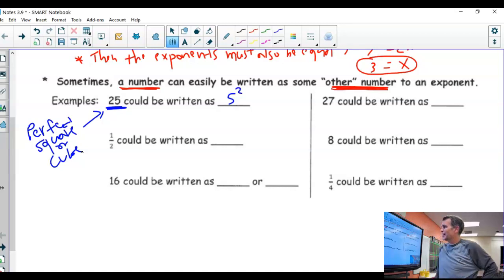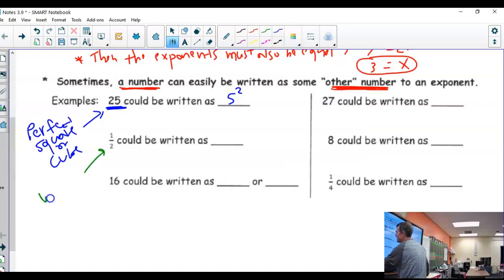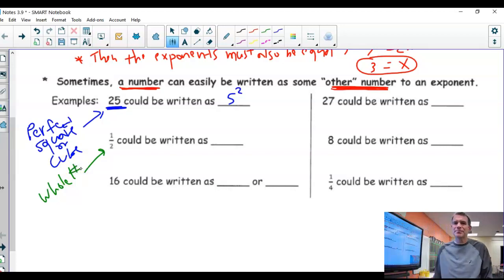But the second one's a little tougher. The 1/2. How am I going to write 1/2 as something to an exponent? All right, this is the trickiest kind. Ideally, I would like to take this fraction and make it a whole number. And the way I can make it a whole number is by flipping it.